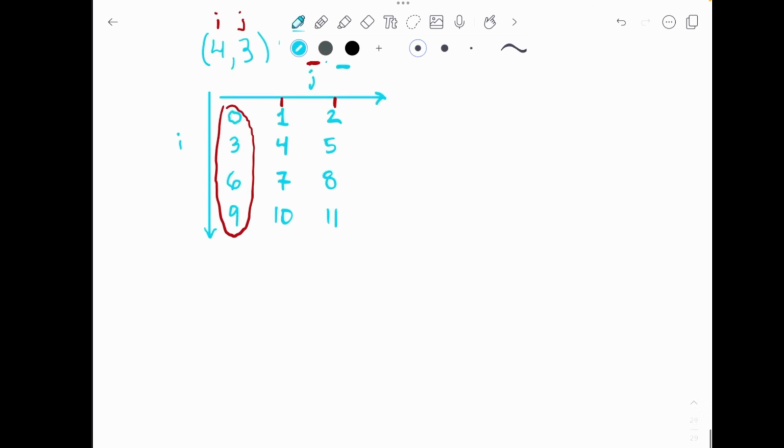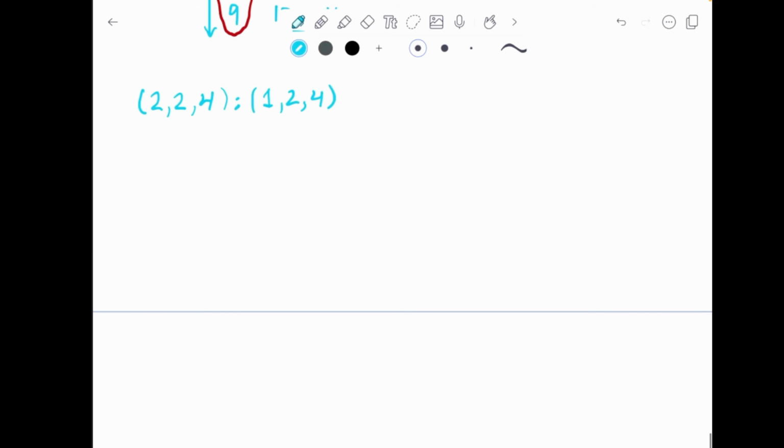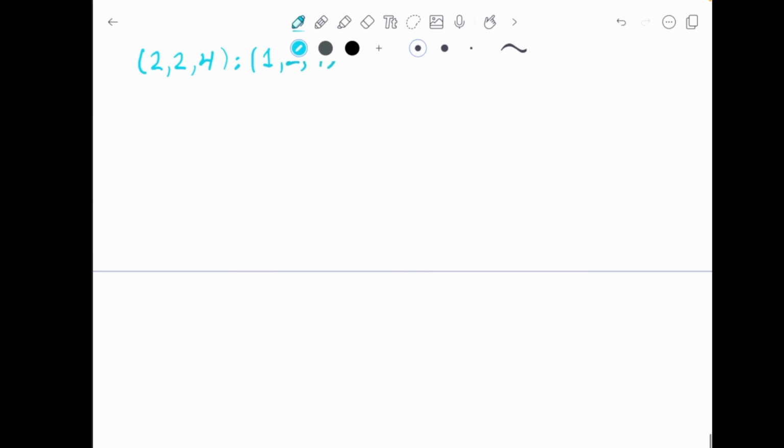All right, so let's think about a higher dimensional one. Let's think about 2, 2, 4, comma 1, 2, 4. All right, I'm going to move this down a little bit.